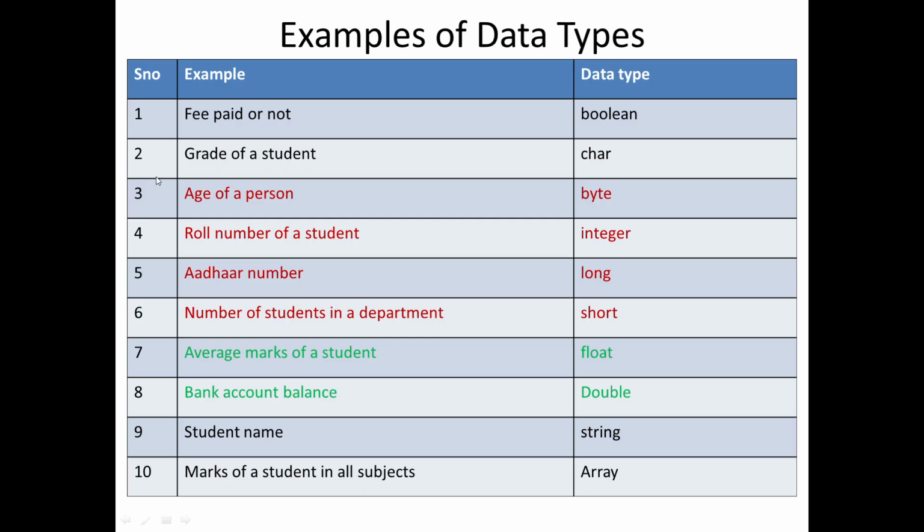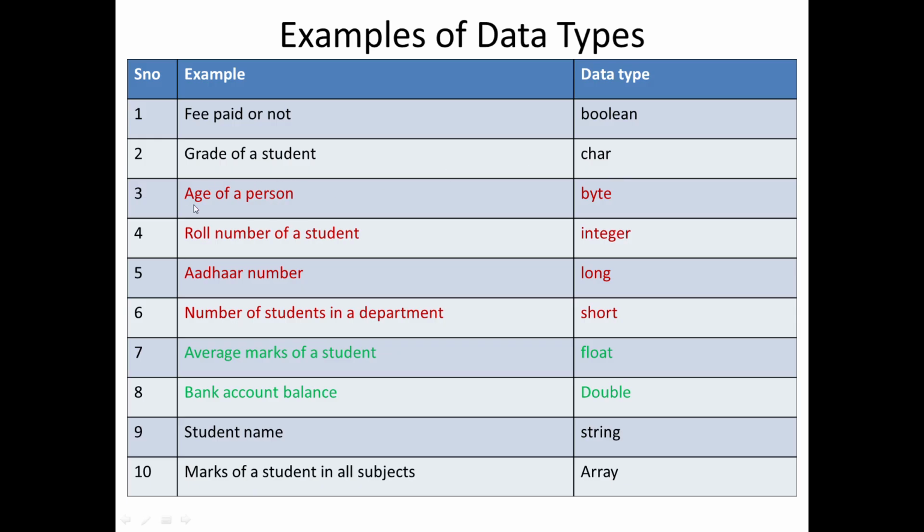Suppose you want to store information like whether a student has paid the fee or not, we need to use the boolean data type because this represents true or false. Suppose we want to store the grade of a student, a single character, that is represented by the char data type. Its keyword is char.